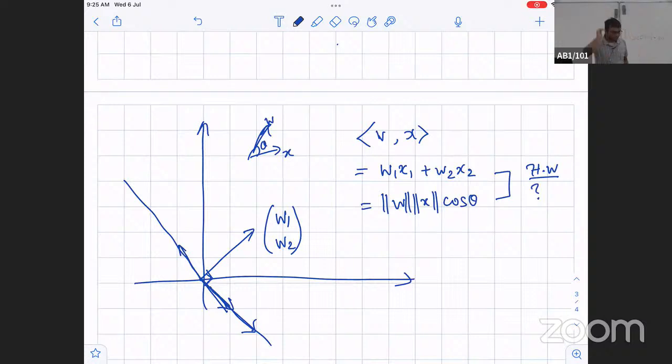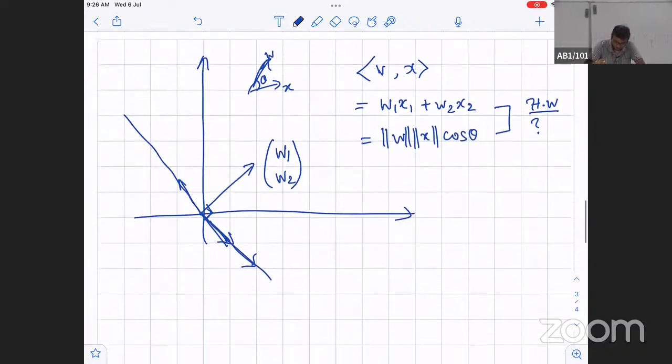Now, if two vectors are orthogonal, what is the cos theta between the two vectors? 90. The angle is 90, cos 90 is 0. So therefore, we have now got a representation for all the vectors in this line. If x is a vector in this line, we know that W transpose x is equal to 0.